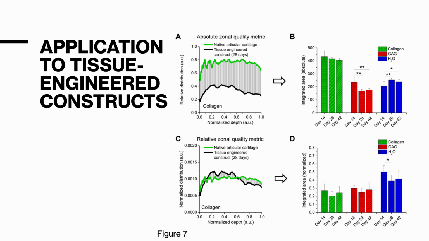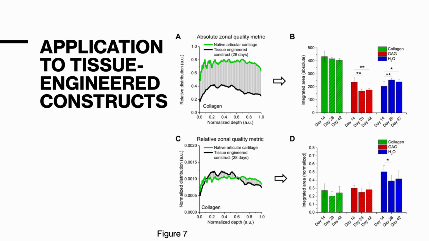At 2 weeks, the engineered construct's GAG distribution diverges significantly from that of native cartilage. However, by 6 weeks, the GAG pattern begins to resemble the native tissue more closely. On the other hand, collagen remains mismatched compared to the robust collagen peak and orientation near the 1668 in native samples.